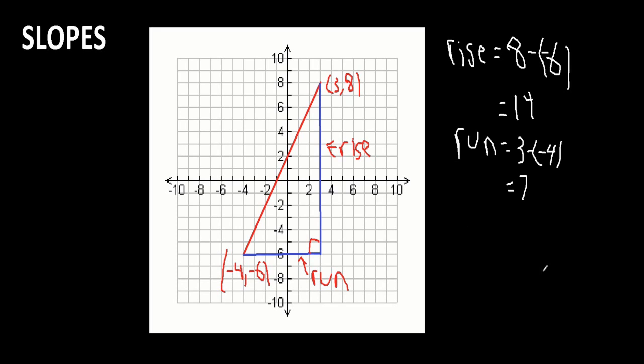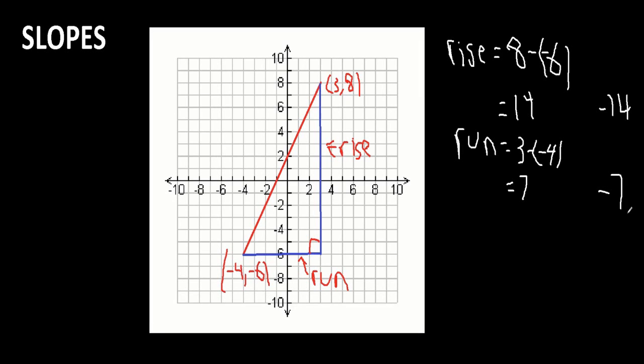I would just like to clarify whether the order you subtract the points matters. The actual order of subtracting the points doesn't matter. You just have to use the same order for both. So you can pick which coordinates will be the first number. Here, 3 and 8 were the first numbers, but if negative 4 and negative 6 were the first numbers, so if we had negative 6 minus 8, we get negative 14, and negative 4 minus 3, which is negative 7.